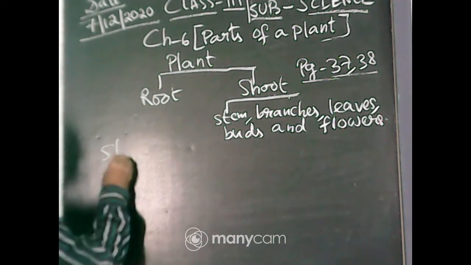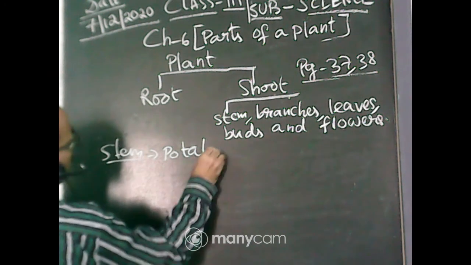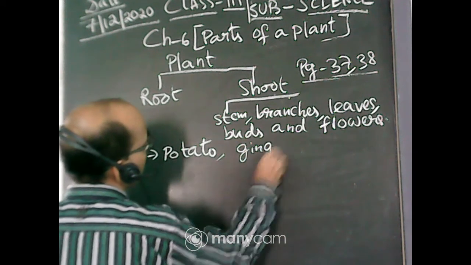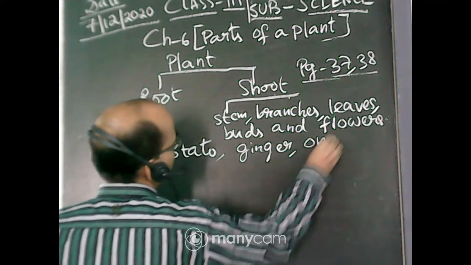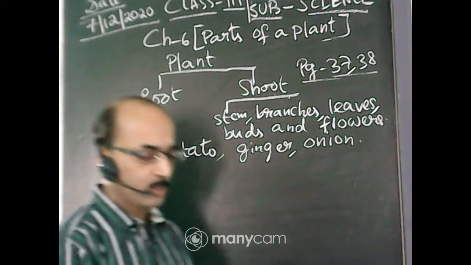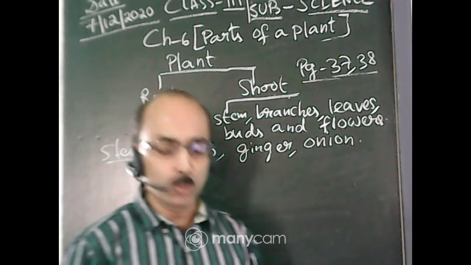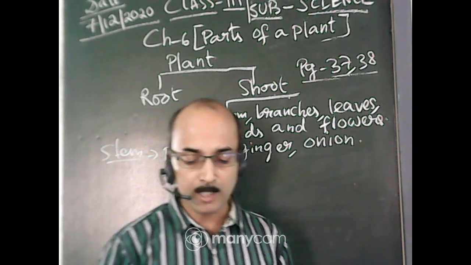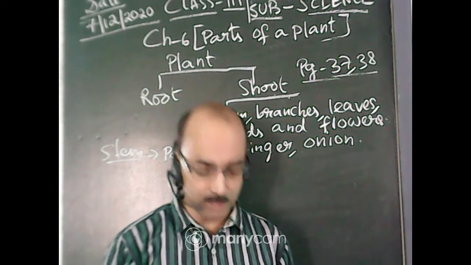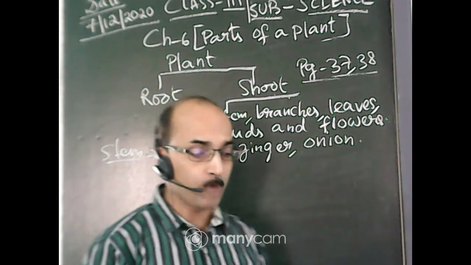These are all underground stems, which grow below the soil, and we eat them as food. You can see the picture on page number 38, please follow it.